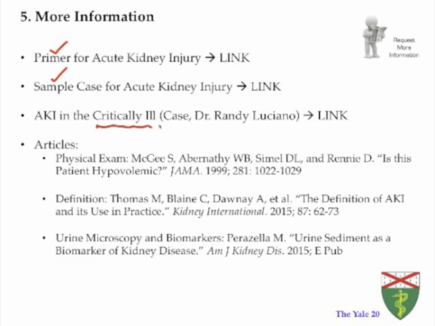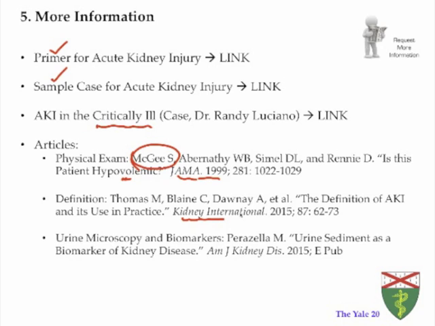Finally, if you want to go to the primary literature to see if I'm making some of those numbers up, for all of you physical exam diagnosticians, the wonderful Stephen McGee had a paper in JAMA, the Rational Clinical Examiner series, in 1999, which gave us those numbers on likelihood ratios for hypovolemia. Then a lot of the data on acute kidney injury came from this 2015 article of Kidney International.